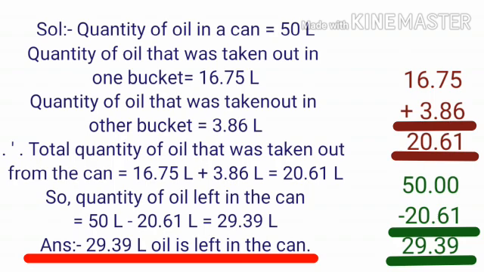But for measuring oil, water, we will not write number of oil, number of water. We will write quantity of oil. Now note down this word problem and its solution in your notebook.